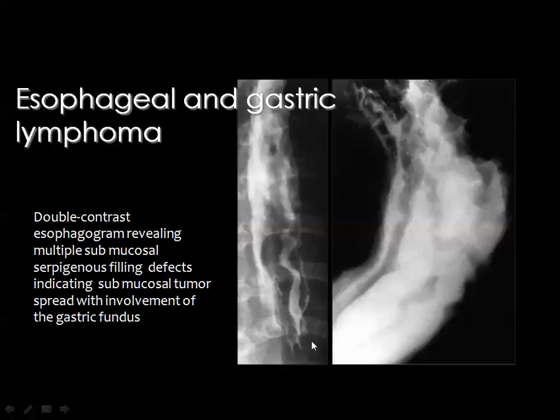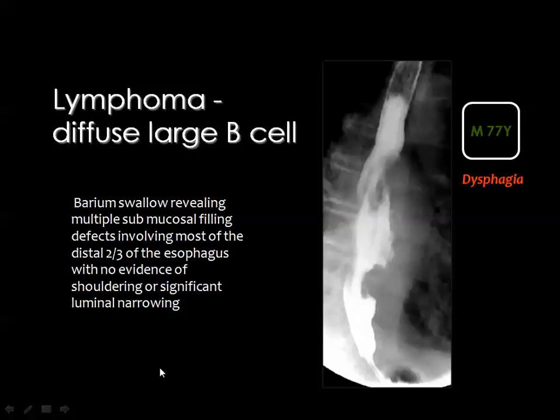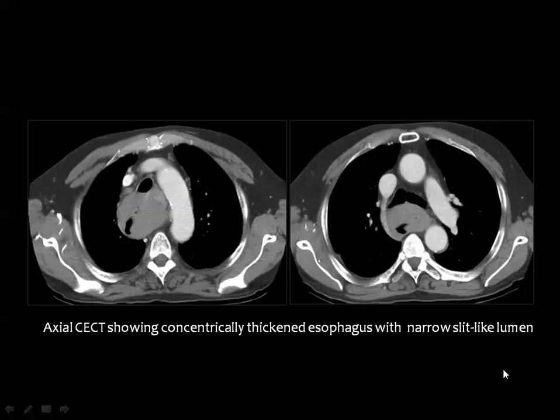Then one of the suggestive criteria of lymphoma by barium swallow is the presence of multiple masses. Esophageal cancer usually presents as a stricture or a single mass, but if you see multiple masses like this, it is one of the suggestive criteria. On CT scan, lymphoma and carcinoma cannot be differentiated on the basis of CT.